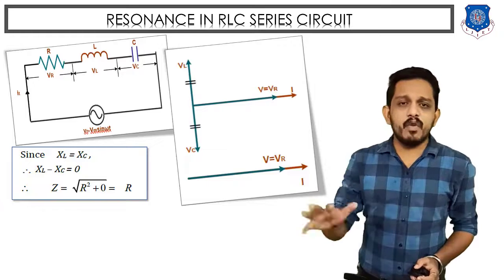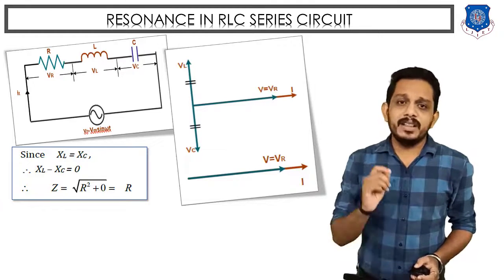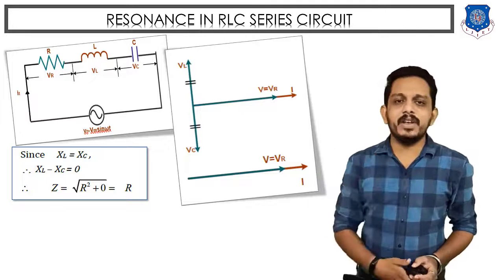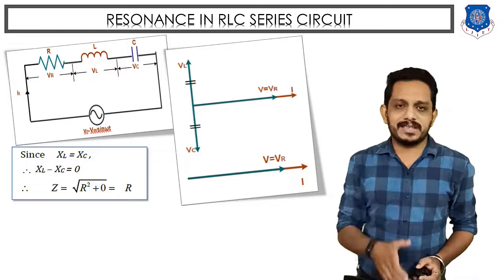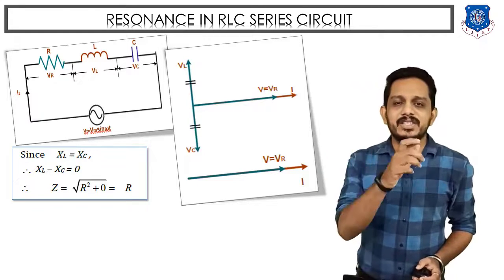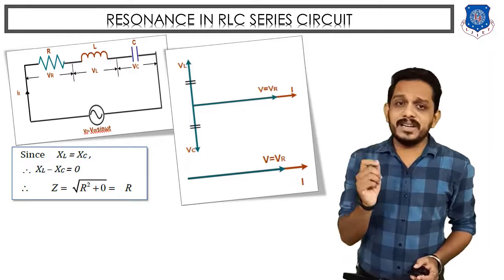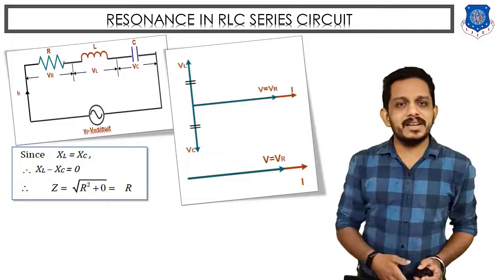So there is no voltage due to the inductor and capacitor. Putting the values of VL and VC in that equation, it will be I XL equals I XC. If I is cancelled out, then XL is equal to XC, or XL minus XC equals 0, or XC minus XL equals 0.